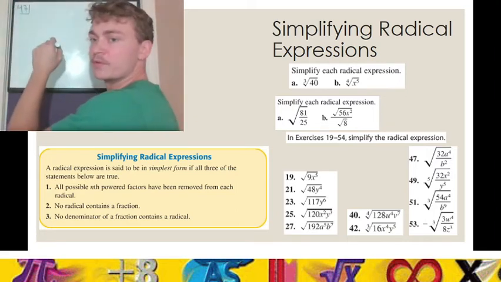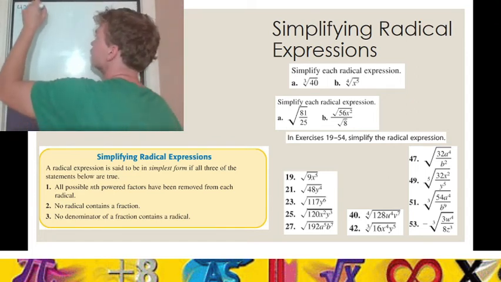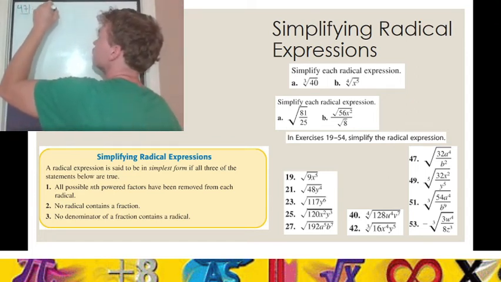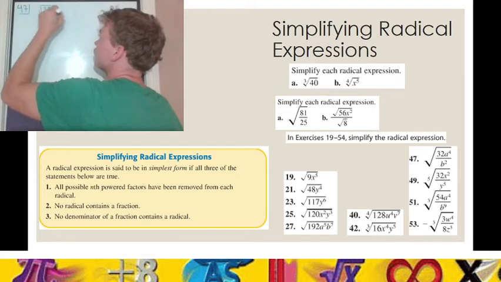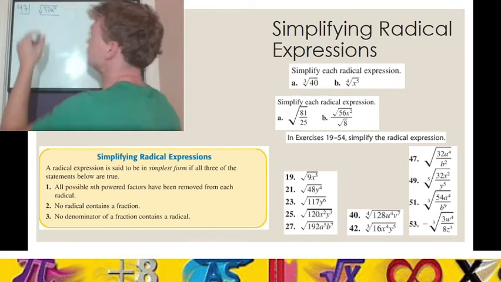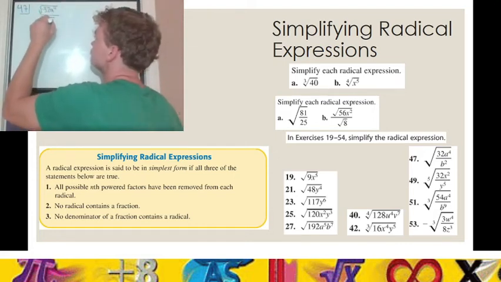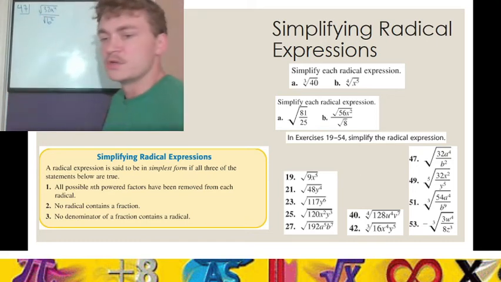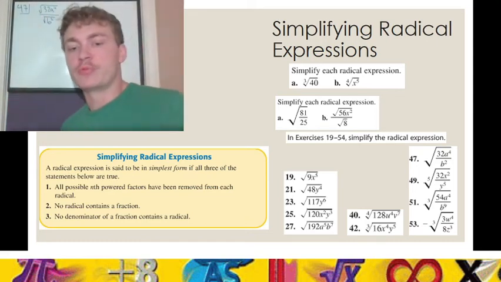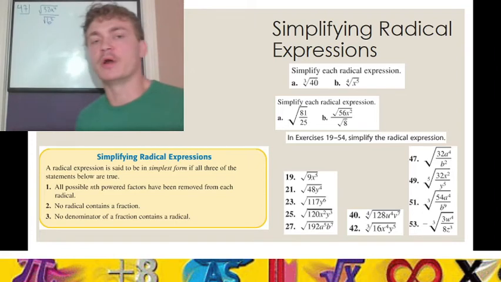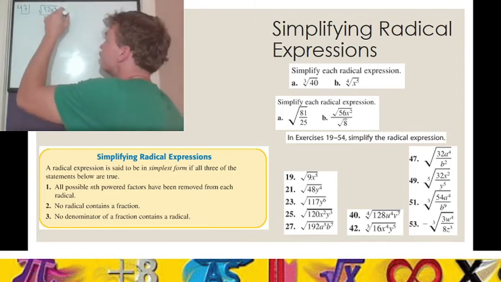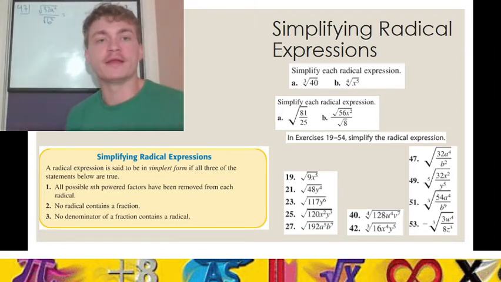So we have here the square root of 32a to the fourth, and this will be divided by the square root of b squared. So we just have a numerator problem we'll have to simplify and a denominator problem we'll have to simplify. In our numerator, our radicand is 32 times a to the fourth power.